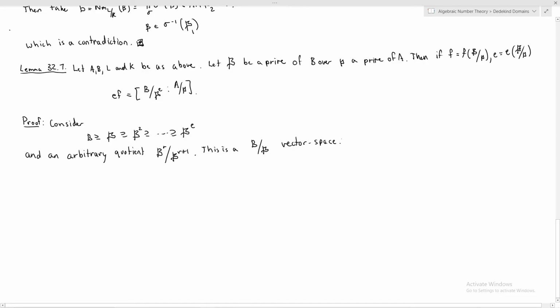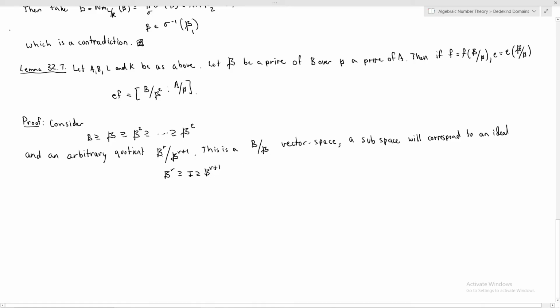And a subspace of this guy will correspond to an ideal in between these two guys. So you can think about this from the perspective of the correspondence theorem.